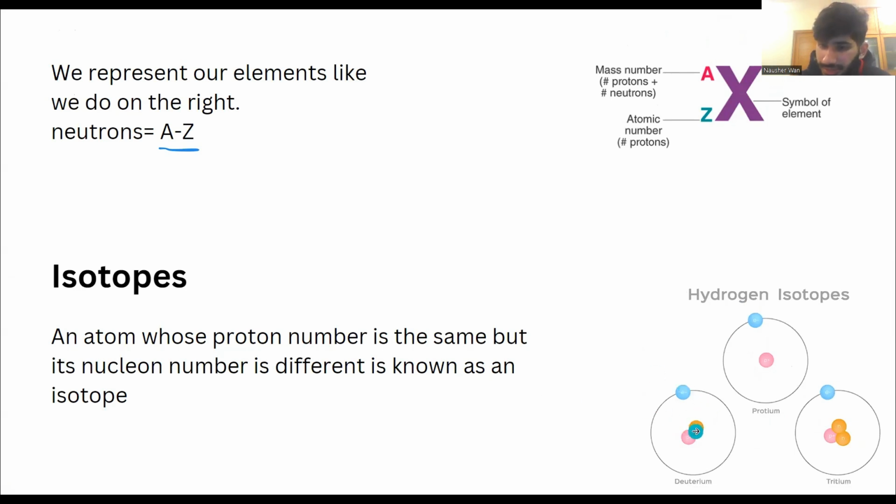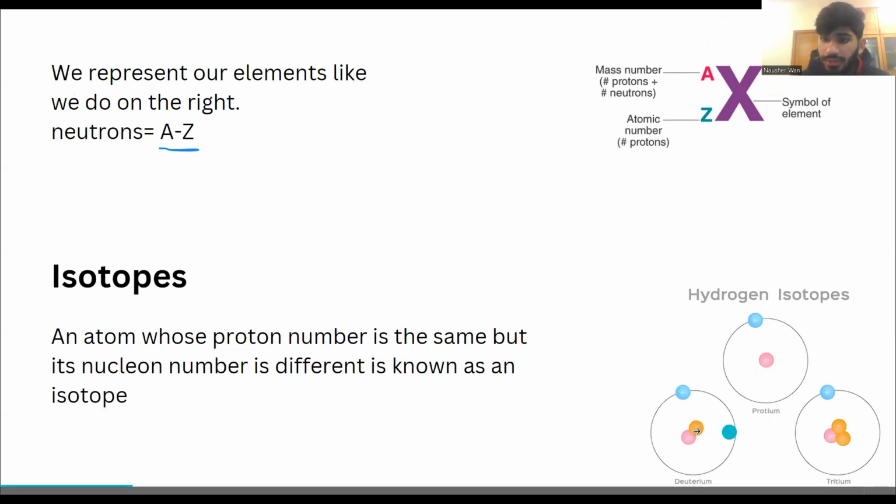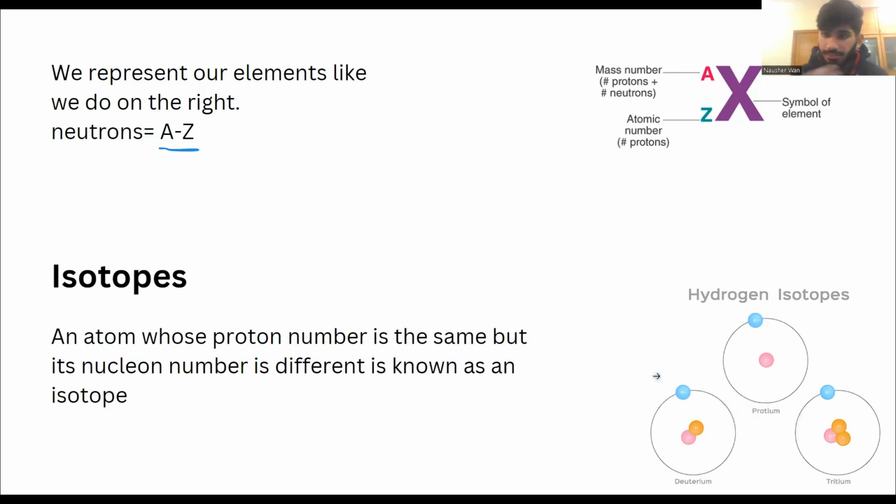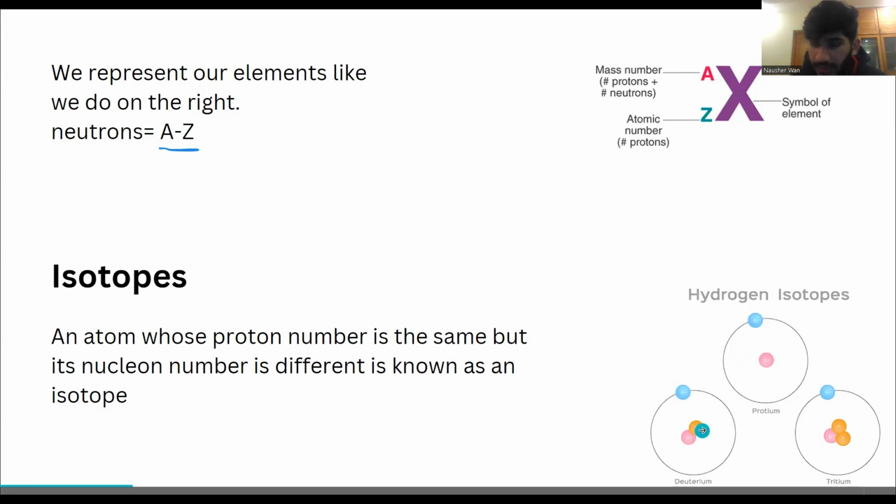So when the number of neutrons changes between these three forms, their nucleon number as a result also changes. Their mass number changes. So while protium has a nucleon number of one, this will have two since it has one proton and one neutron. And likewise, this has three since it has one proton and two neutrons. So these are clear examples of isotopes.